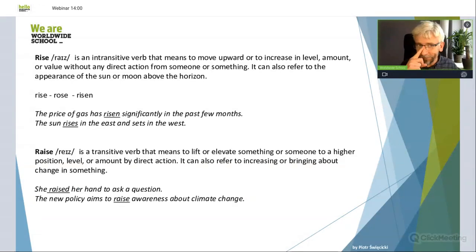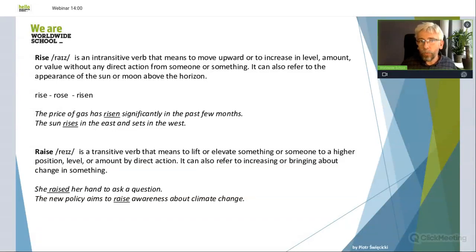Okay, what about raise? Raise is different because it's transitive and it means to lift or elevate something, right, to a higher position. So it requires someone to do this. So she raised her hand. This is regular, right? She raised her hand to ask a question. Raise, not rise. Not she rose her hand, but she raised her hand.